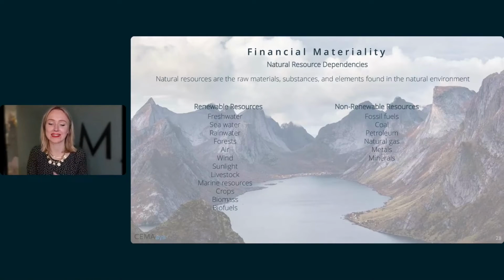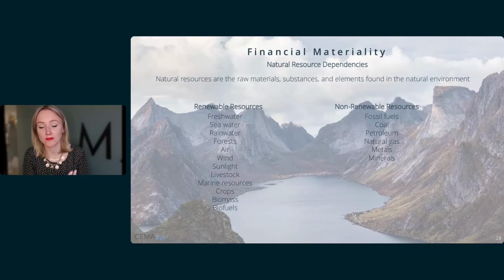Essentially, what it means is that we'll split it into three categories to make it simpler. First, we have natural resources. Natural resource dependencies are anything physical that you actually depend on. So split this into renewable and non-renewable resources.